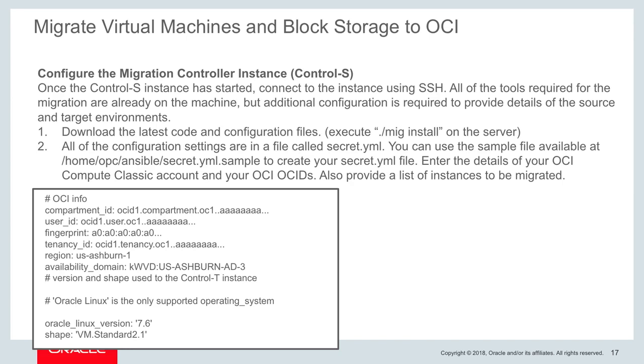And the Control T instance is going to be using Oracle Linux version 7.6 and a VM shape of VM.Standard2.1.